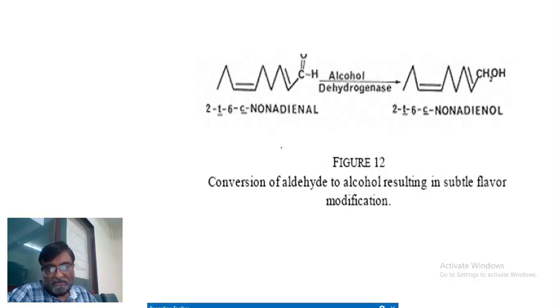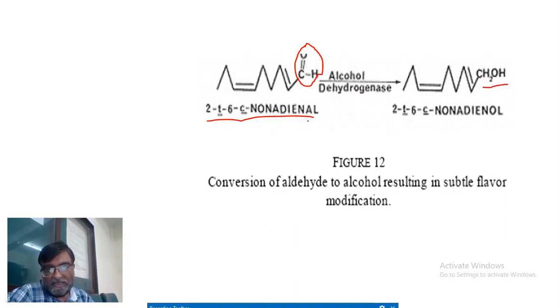Further, for the case of cucumber, we looked in the previous slide at 2T-6C nonadienal, which can be oxidized. You know that aldehyde groups can be reduced through the dehydrogenase process to produce an alcoholic group.